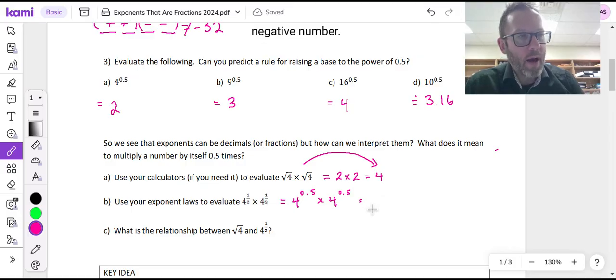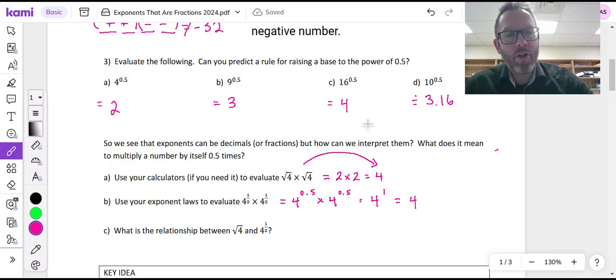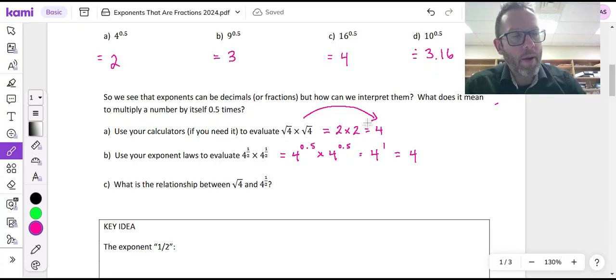And when you add a half and a half, or when you add 0.5 and 0.5, you get 1. And 4 to the power of 1 is equal to 4. So think about this. The root of 4 times itself gives you 4. 4 to the power of a half times itself also gives you 4.